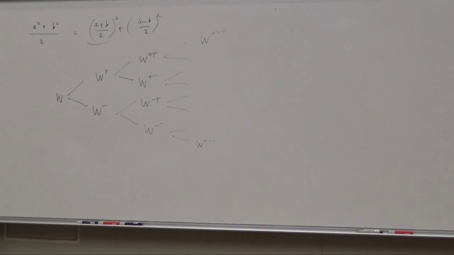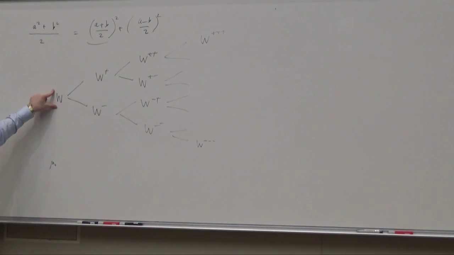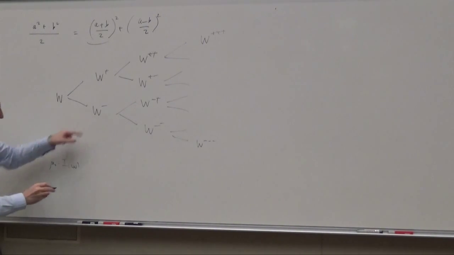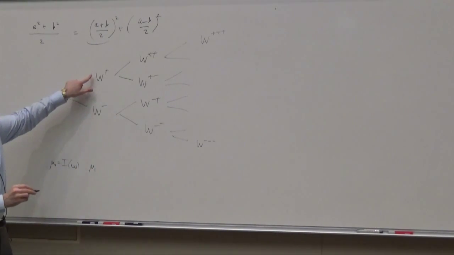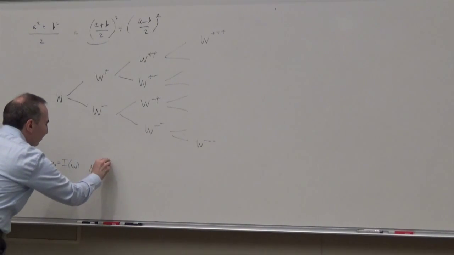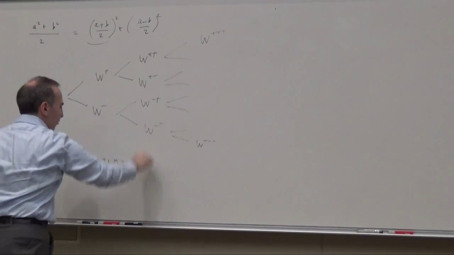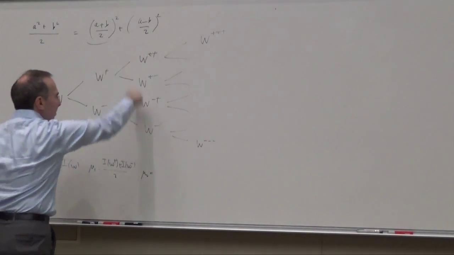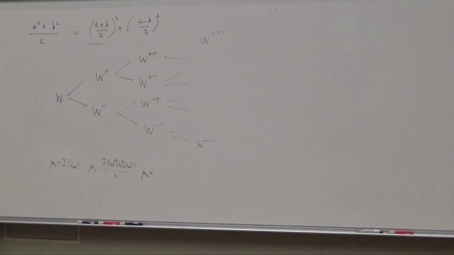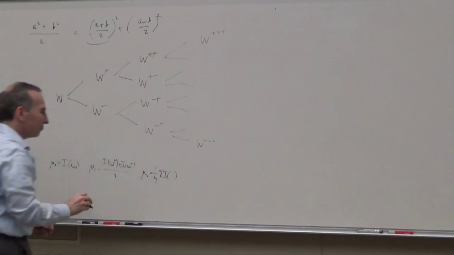The first statistic I'm going to compute is the average mutual information. I take a look at the IW, and then mu1 here, I'm going to compute I of these two things, take their average. Mu2 is going to be the sum of the mutual information of all these things divided by 4. And so forth.